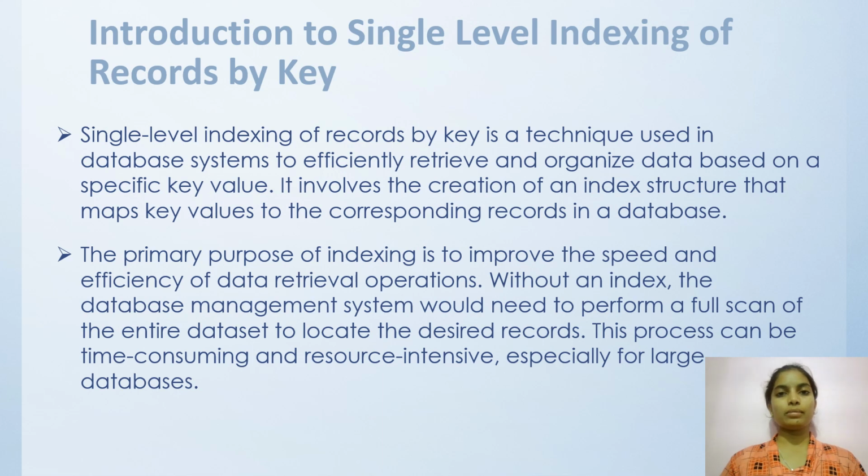The primary purpose of indexing is to improve the speed and efficiency of data retrieval operations. Without an index, the database management system would need to perform a full scan of the entire dataset to locate the desired records. This process can be time consuming and resource intensive, especially for large databases.